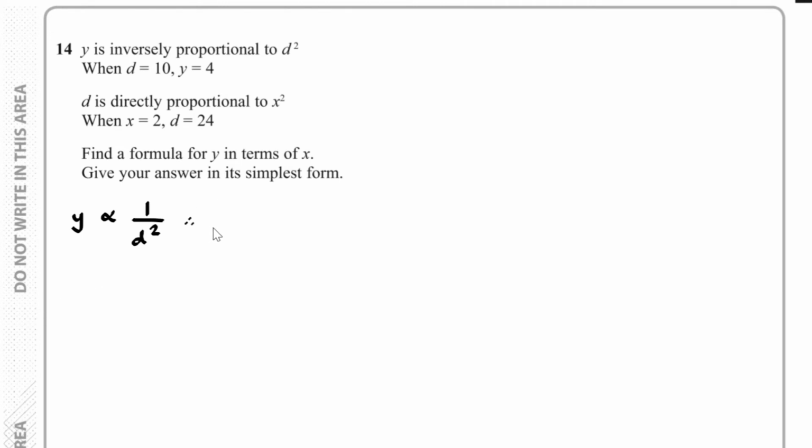And from this we can conclude that y is equal to some constant a over d squared.